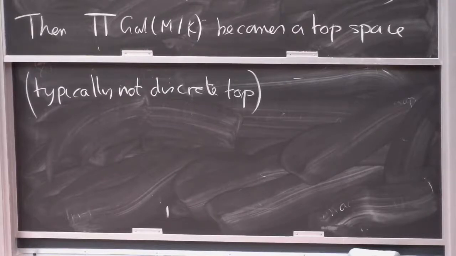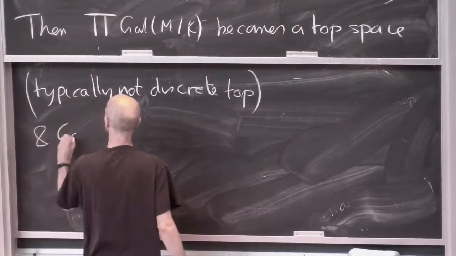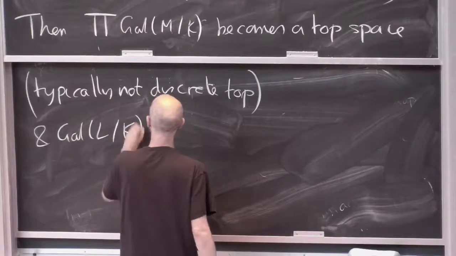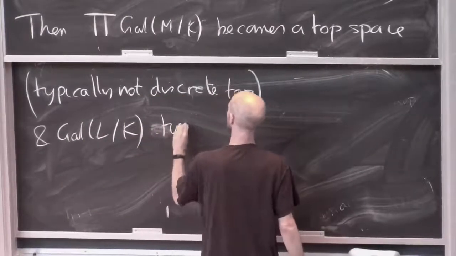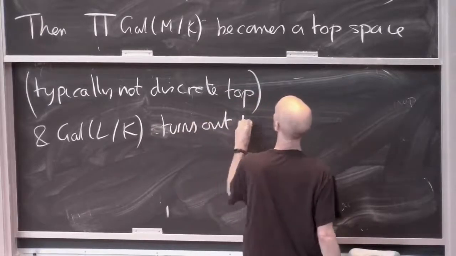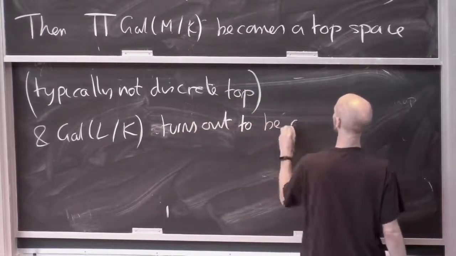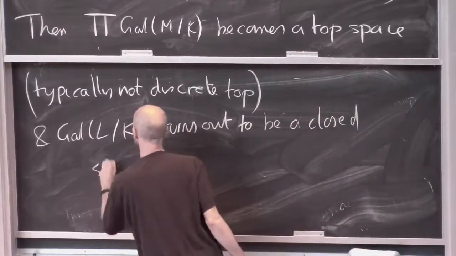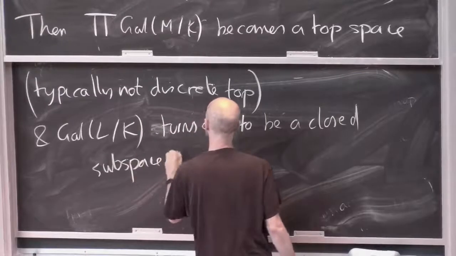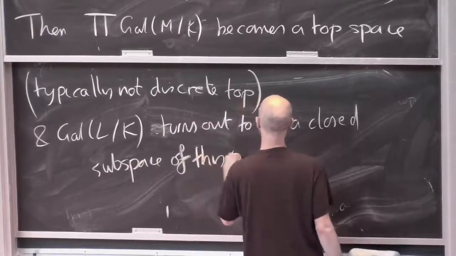You know when something's in Gal(L/K), because if you've got an element of Gal(M/K) for every M, and these elements glue together on all overlaps, then they're going to be in Gal(L/K). And Gal(L/K) turns out to be a closed subspace of this product.